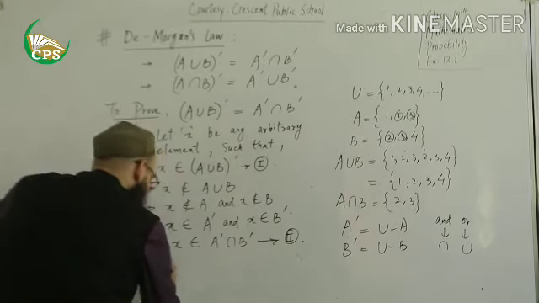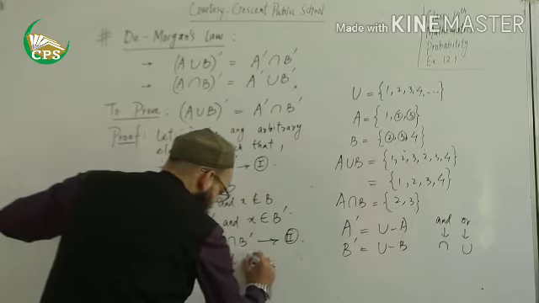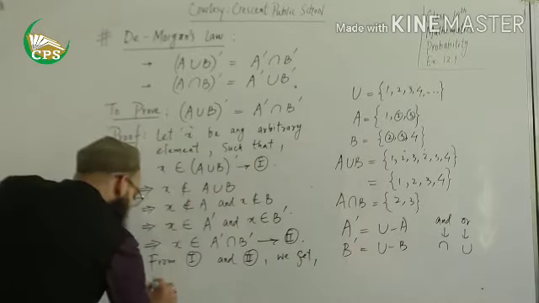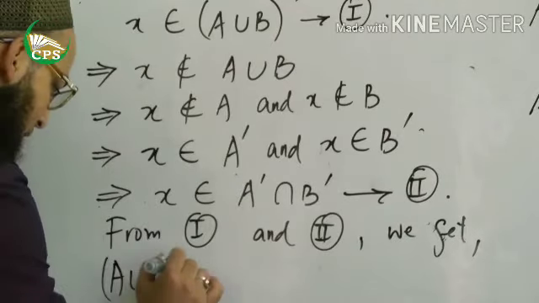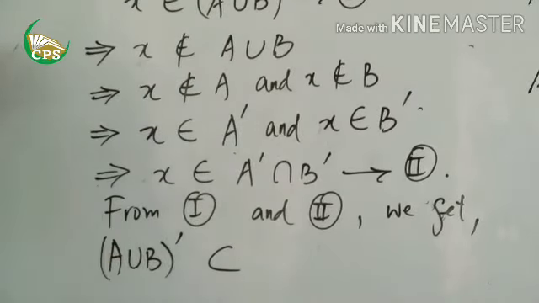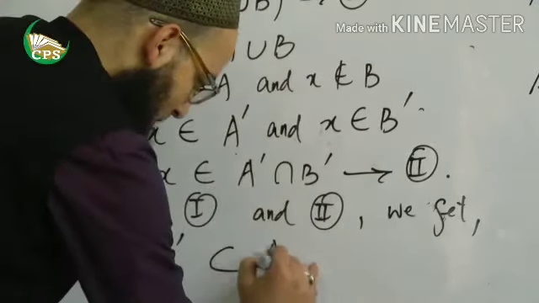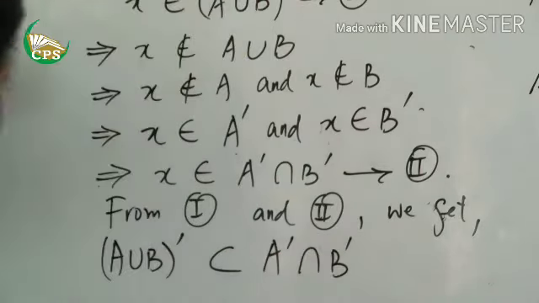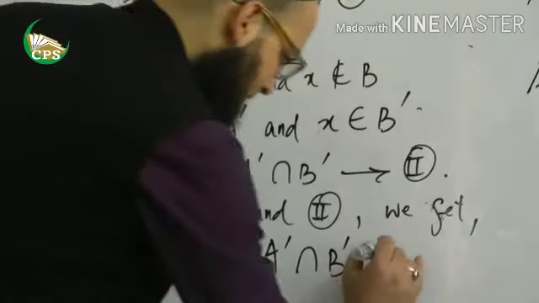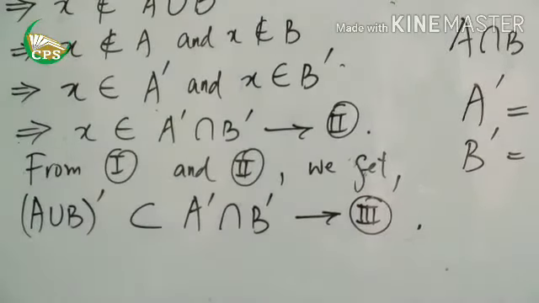So from first and second, we get (A union B) whole complement is the subset, this is the symbol for subset, of A complement intersection B complement. Got it? Now let us call it third.